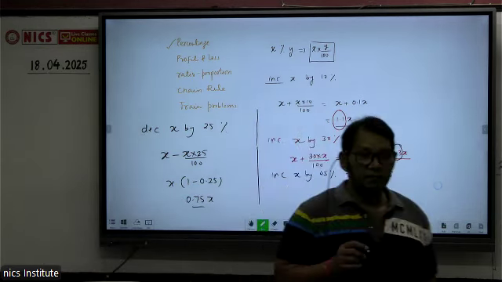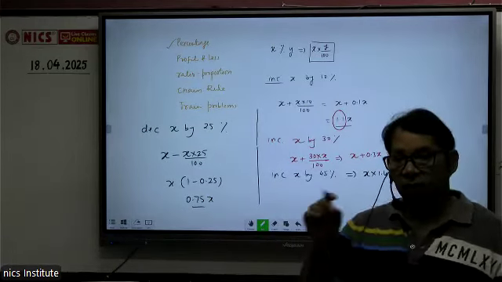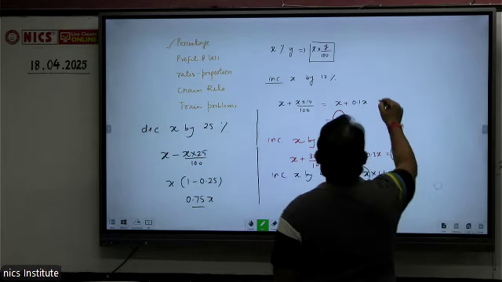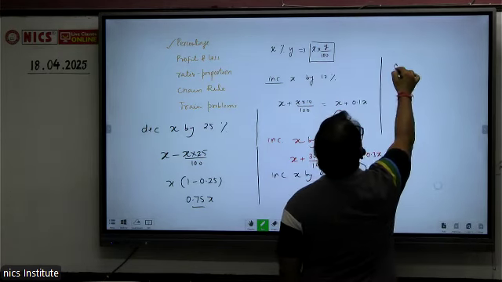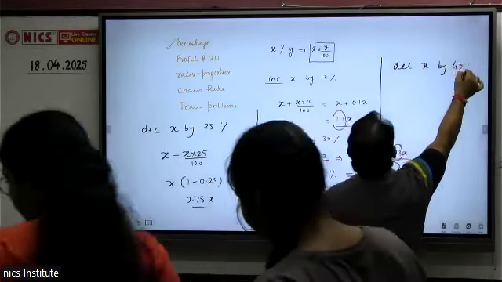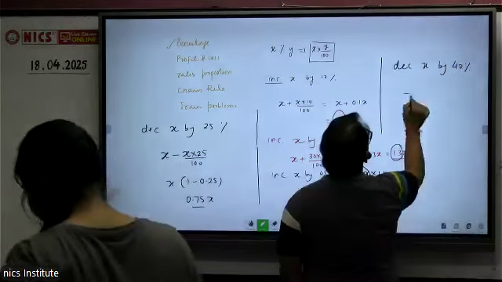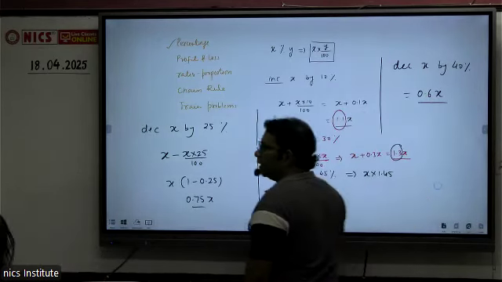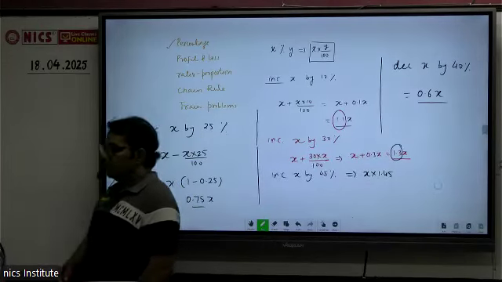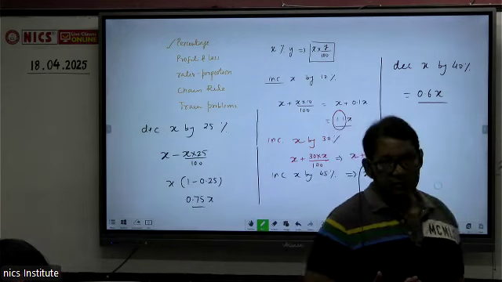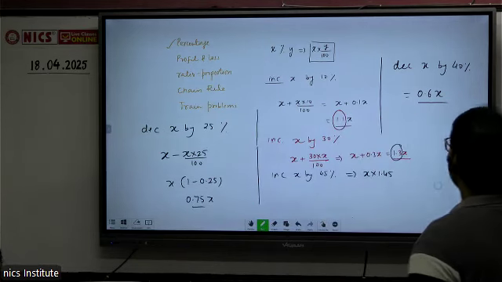If you want to decrease something by 25%, multiply by 1 minus 0.25. If you want to decrease x by, say, 40%, tell me the answer. It should be simply 0.6 into x. If you want to decrease something by 40%, simply multiply by 0.6. So remember this.